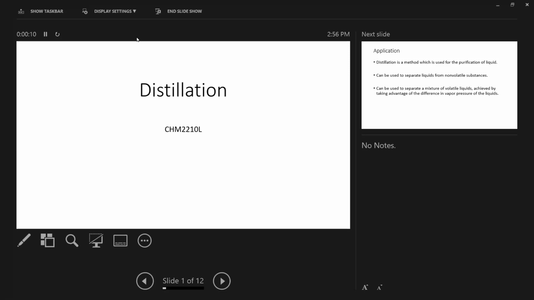And pretty much all it's saying is that the vapor pressure produced by our mixture, and let's pretend that we have a mixture of two miscible liquids, the vapor pressure produced by this mixture is equal to the mole fraction of component A times the vapor pressure of pure A plus the mole fraction of component B times the vapor pressure of pure B.